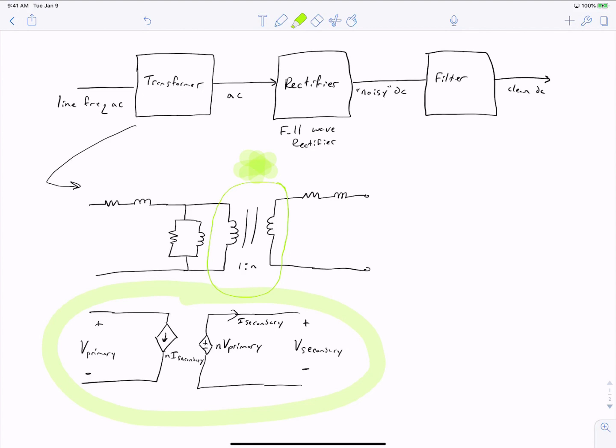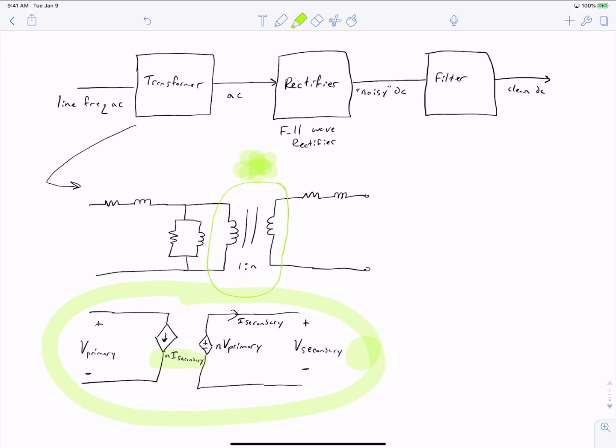However, intuitively we know that this is not a complete model. This represents just this one component. And you can see this because as drawn right now, there's no connection on the secondary. The secondary is open circuited, which means that I secondary is always 0. If I secondary is 0, that means that N times I secondary is also 0, and therefore no current is flowing into the primary of the transformer.